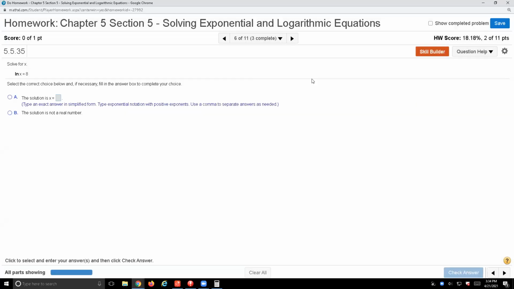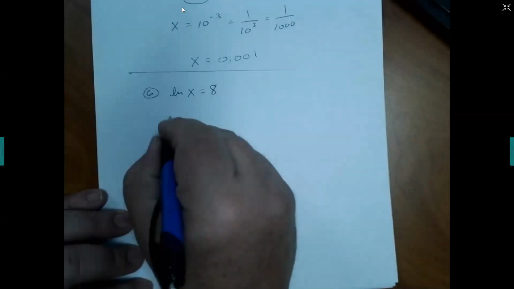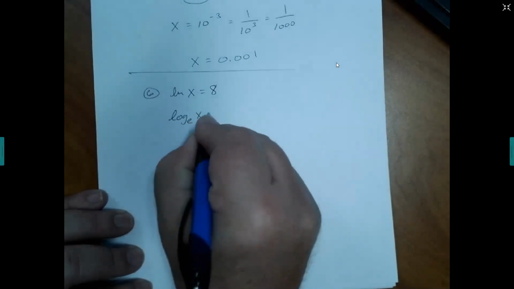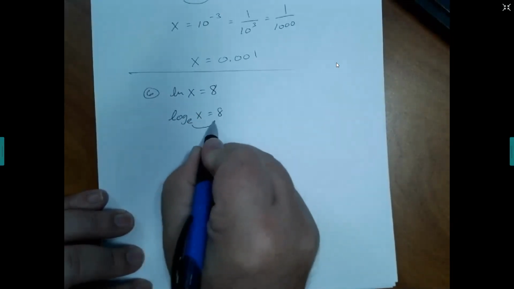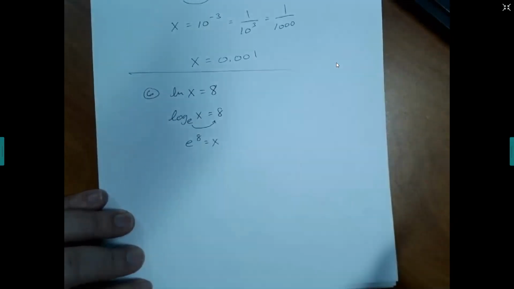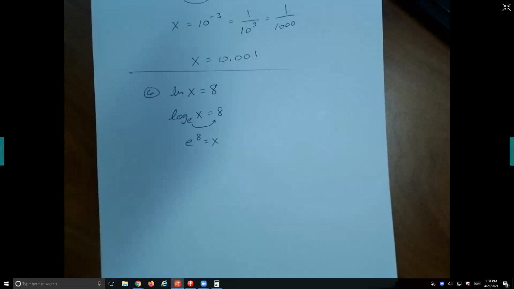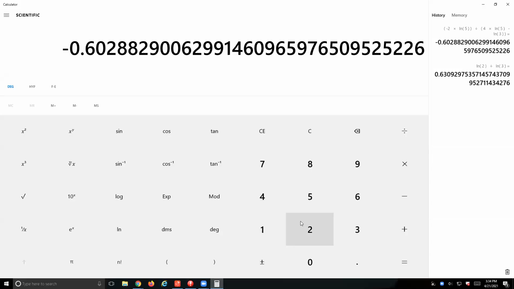Number 6. ln x equals 8. log base e. All right, so it's log base e of x equals 8. E to the power 8 equals x. Let's just calculate.